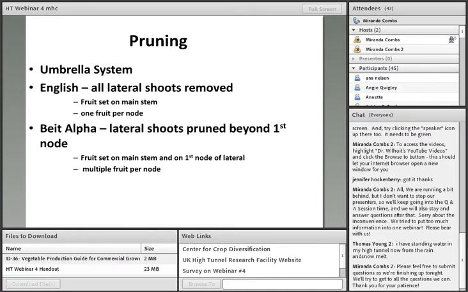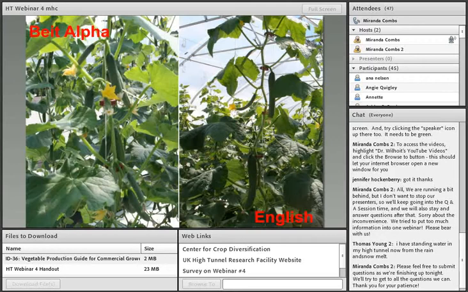So you're setting fruit on the main stem and fruit on the first node of the lateral. So you're getting multiple fruit per node as well, where you're generally only getting 1, maybe 2 fruit per node on the English types. So you see on the right English types, you can see some of the long fruit, and usually it's about 1 fruit per node. If you look at the prolific growth on the beta alphas, you see extremely large number of fruit, much more than what you see on the right with the English types.